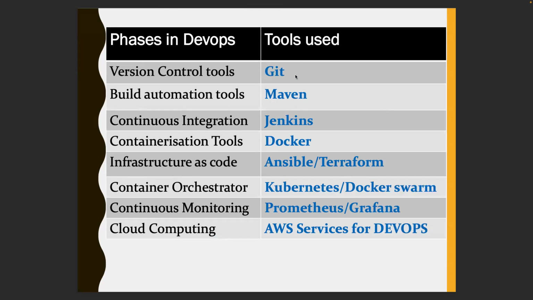Version control systems like Git, build automation tool Maven, continuous integration tool Jenkins, containerization tool Docker, infrastructure as code tool Ansible or Terraform, container orchestrators Kubernetes and Docker Swarm, monitoring tool Prometheus, visualization tool Grafana, and cloud computing on certain AWS services, whichever are helpful for DevOps. This is a very brief, high-level list of the tools.